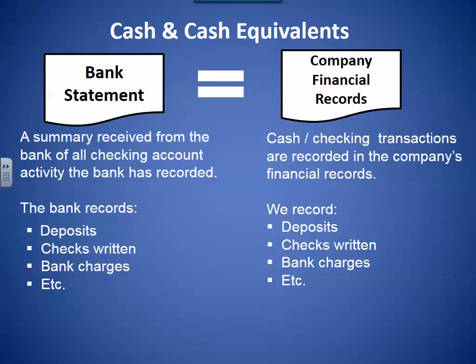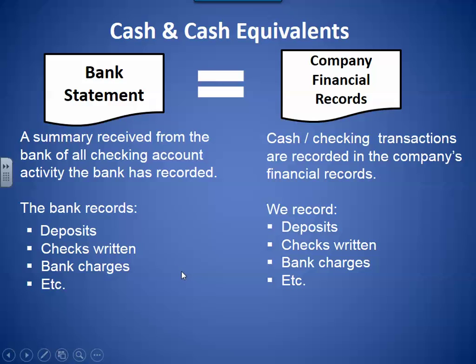As a matter of fact, it's probably the most desirable because it's cash, and there are ways you can take or transfer cash. That's why it's a critical internal control that a company reconcile their bank statement back to their company financial records as quickly as they can when they receive it.